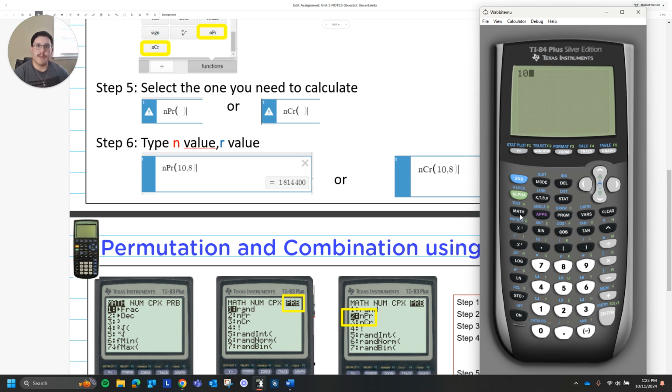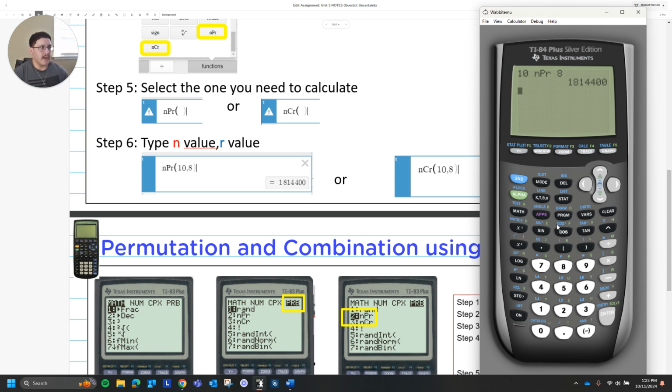Let's say we want to do permutation. So we press Math, go right to PRB, and hit option 2. So 10 nPr 8, where 10 is our pool of numbers that we're choosing from, and R is how many we're actually choosing to figure out the different permutations. Press enter, and it'll calculate the exact same number we got using Desmos.